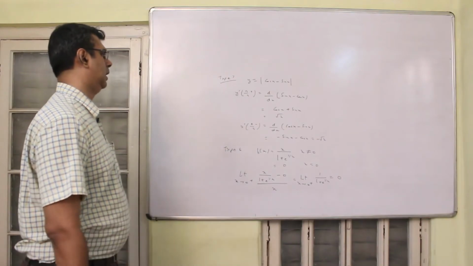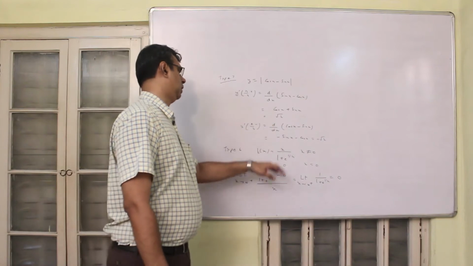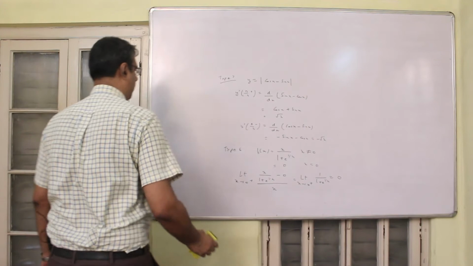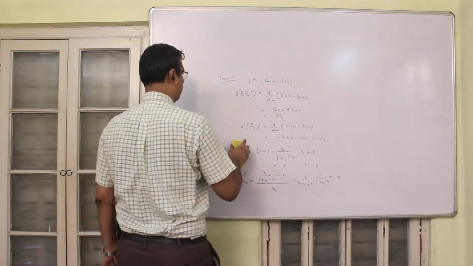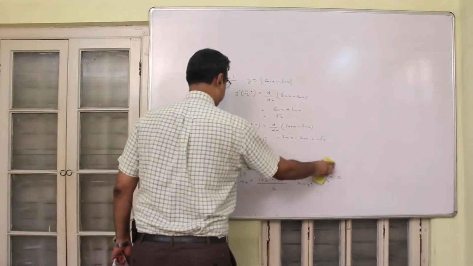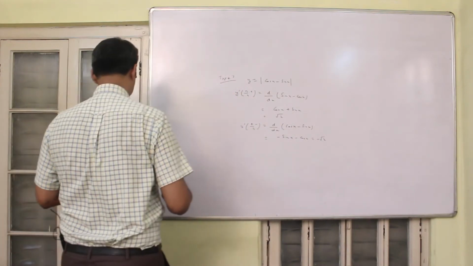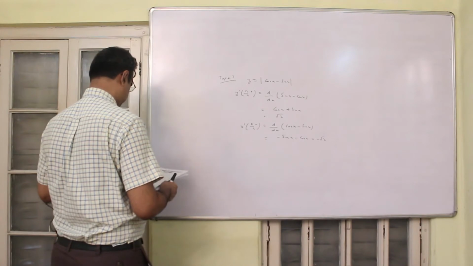So you can see that the right hand derivative is root 2, left hand derivative is minus root 2. They are unequal, and therefore it is not differentiable at pi by 4. So if it is not a piecewise function, then you can also proceed by ordinary differentiation.